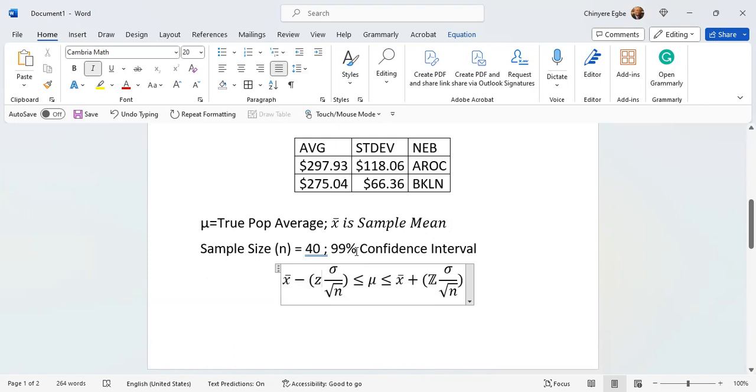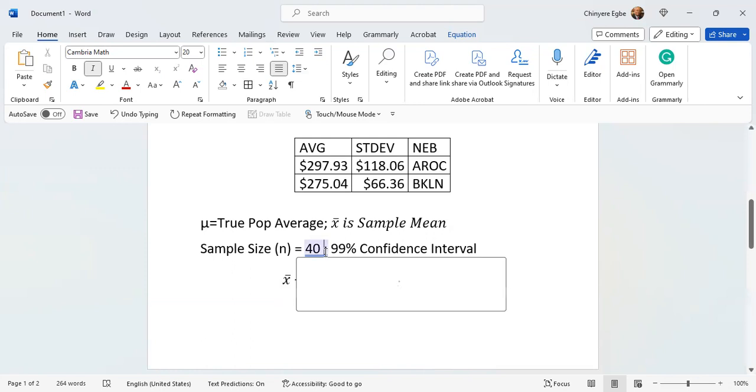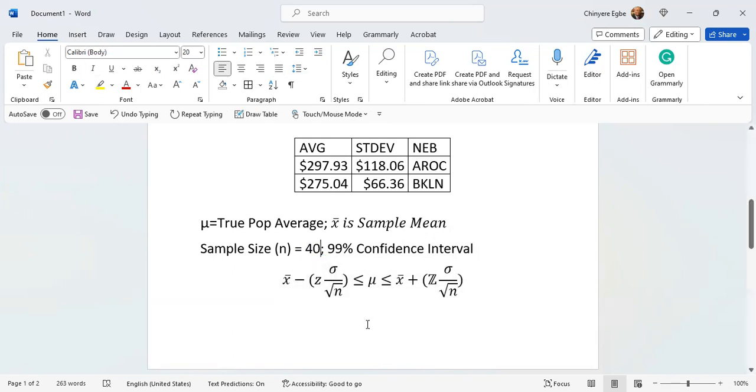That Z value, I know off the top of my head, is 2.576, or 2.58. You can use 2.57 or 2.58, but the proper Z to use for this calculation is 2.58. So you take 297 minus 2.58 times sigma over root n, which will be 118 over the square root of 40.